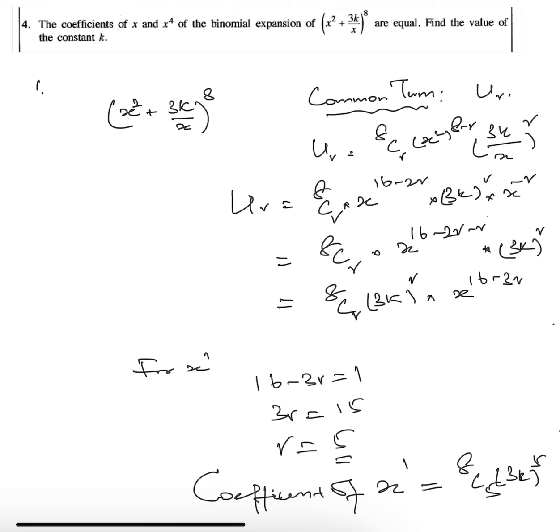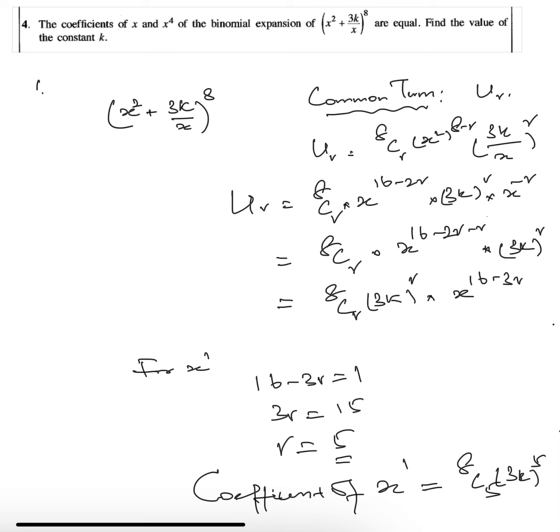Simplifying, 8Cr times x to the power of 16 minus 2r, minus r, times (3k) to the power r. Tidying up a bit, 8Cr times (3k) to the power r times x to the power of 16 minus 3r. So the power of x is 16 minus 3r.